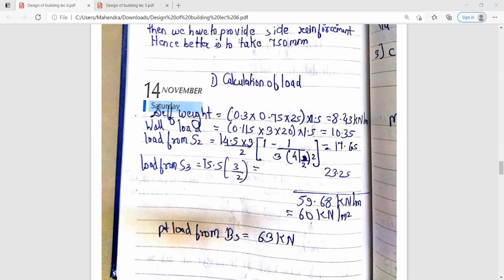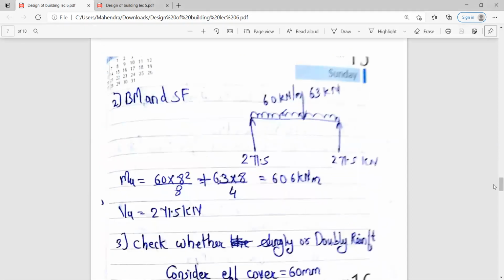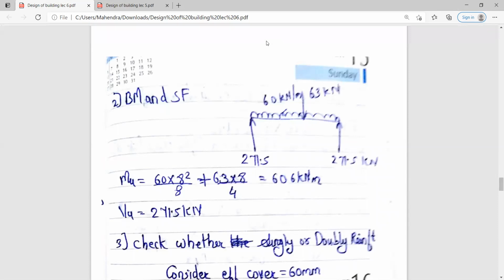Okay. We'll start with the bending moment and shear force calculation. For bending moment and shear force calculation, we have the UDL acting over the beam, that is 60 kilonewton per meter, and the point load exactly in the center, that is 63 kilonewton. On that you have to calculate the bending moment and shear force.